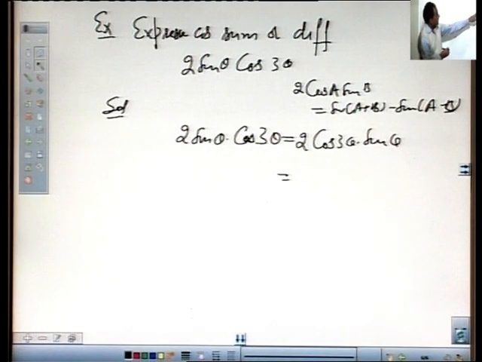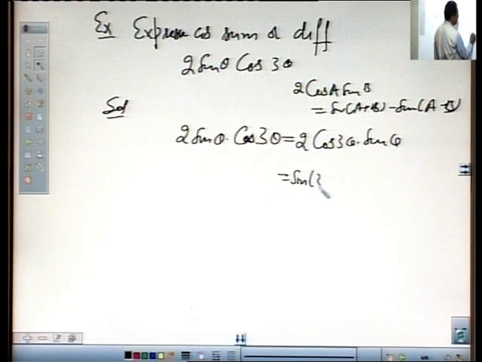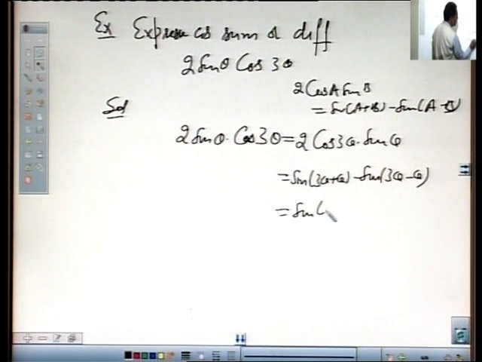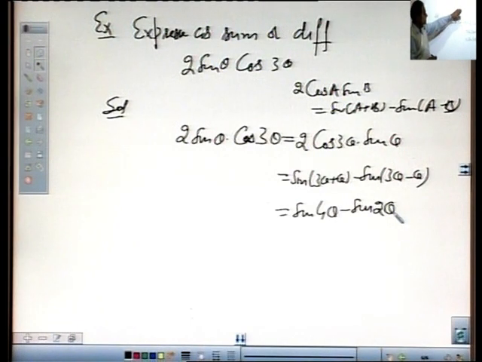In 2 cos A sin B, A equals 3 theta and B equals theta. So this equals sin(3 theta plus theta) minus sin(3 theta minus theta), which is sin 4 theta minus sin 2 theta. This transforms the product 2 sin theta cos 3 theta into the difference sin 4 theta minus sin 2 theta.